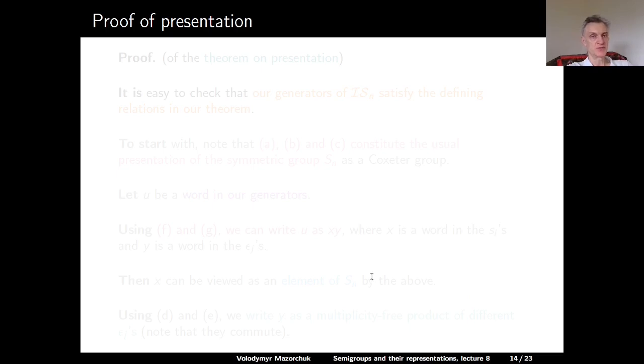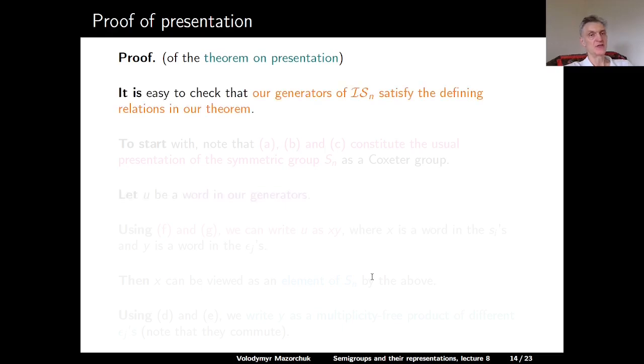Now we are ready to prove the presentation of the symmetric inverse semigroup. First of all, it is easy to check that the generators of ISn satisfy the defining relations in our theorem. And so we have a natural surjective homomorphism from the semigroup defined by our presentation to ISn. It remains to prove that this homomorphism is an isomorphism.